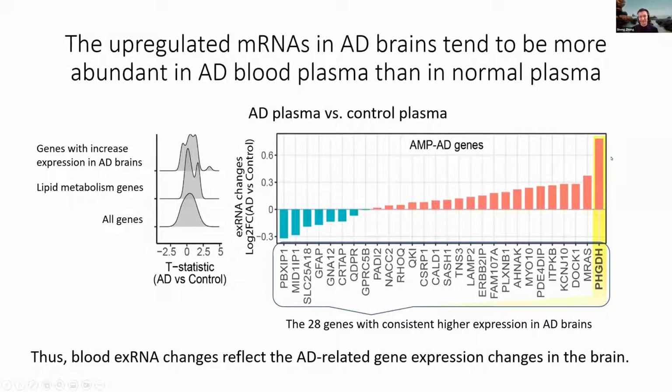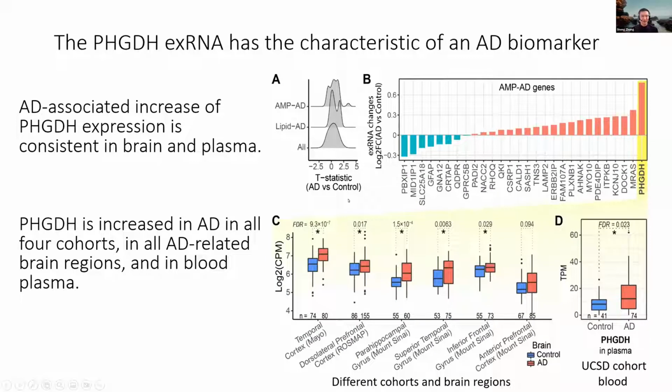And among these, apparently the gene on the right would be a potential candidate because in blood, again, it shows a good separation between AD and control. So I wanted to expand that for you and to see how it behaves.